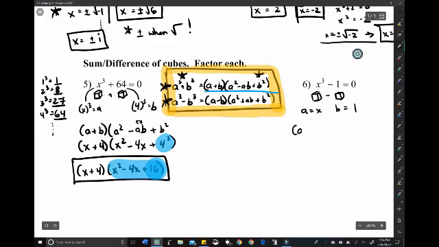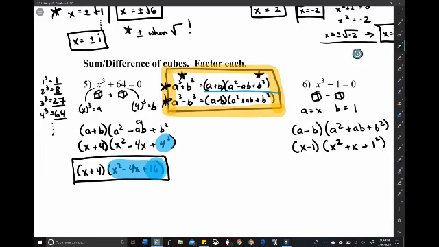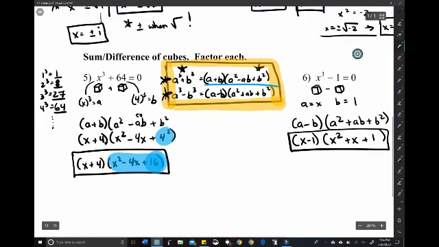So we have a minus b, or x minus 1, quantity a squared, or x squared, plus, so the signs are opposite, 1x, or just x, and then plus b squared, or plus 1 squared, which is really just 1. So that is your final factored answer for sum and difference of cubes.